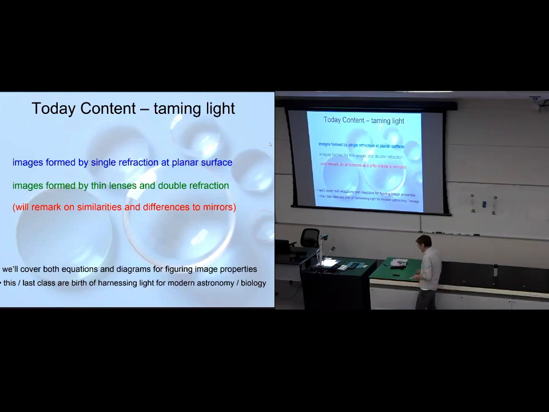So I'll try and do that. Again, this understanding of mirrors and lenses, of reflection and refraction, was literally the birth of modern astronomy, with the development of telescopes, and the birth of modern biology, with the development of microscopes.